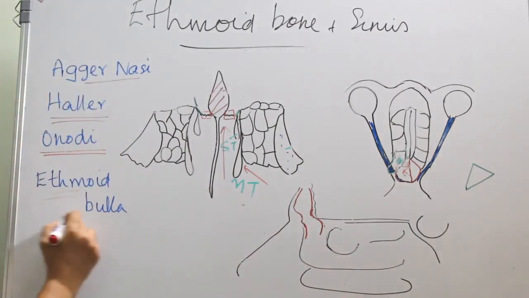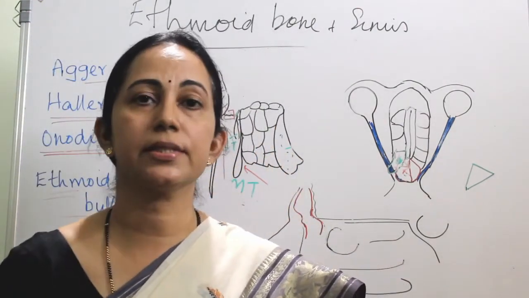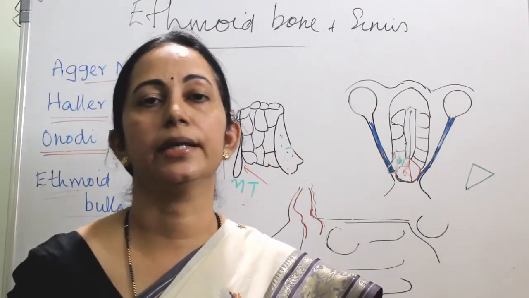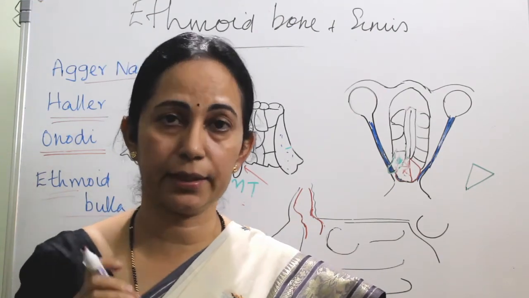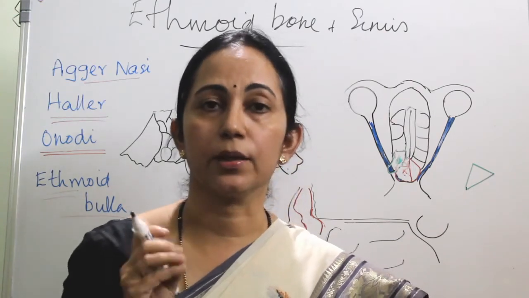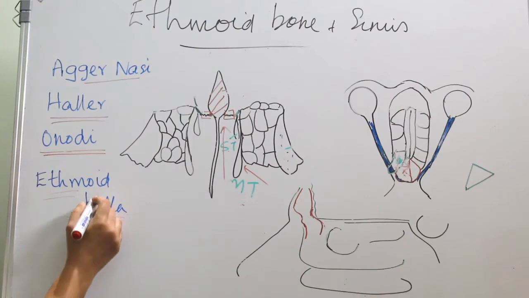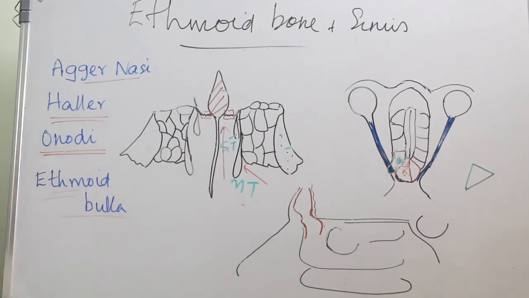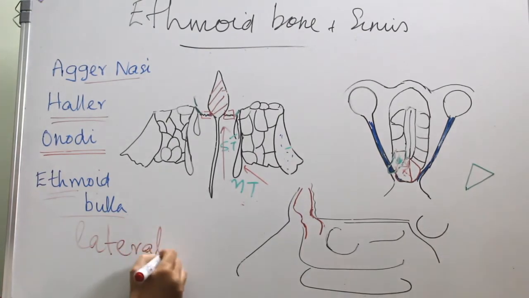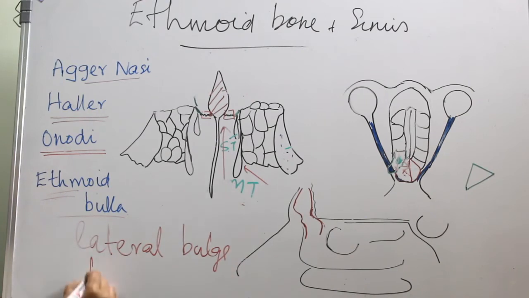And what about the ethmoid bulla? The ethmoid bulla is the constant, most prominent anterior ethmoid air cell. Otherwise we call it the lateral bulge or torus lateralis.